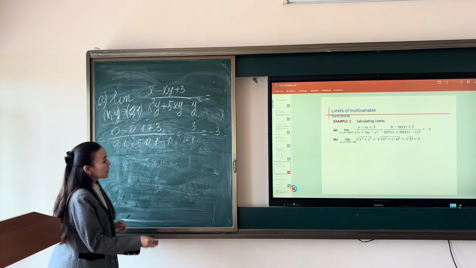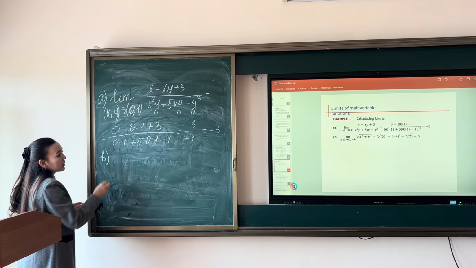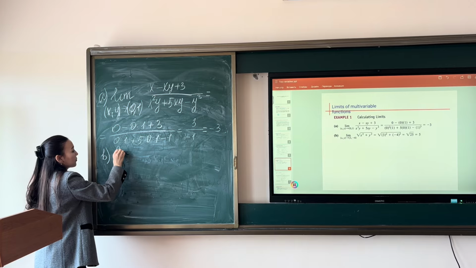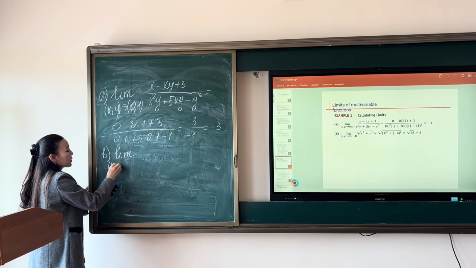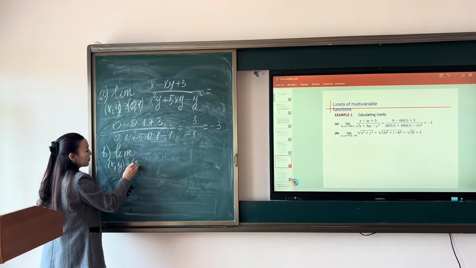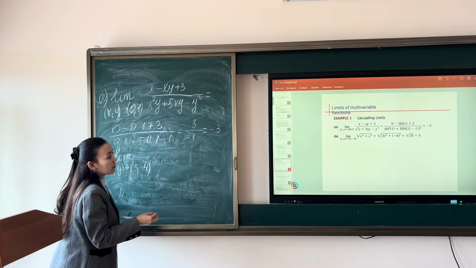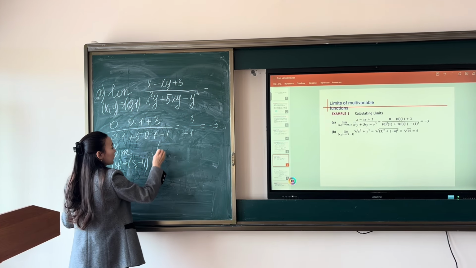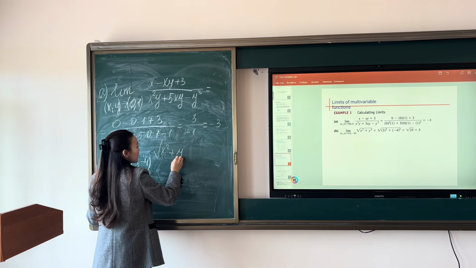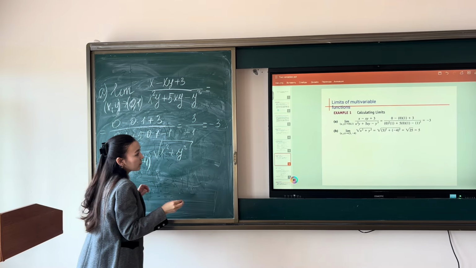Let's see the second example. The limit as (x, y) approaches (3, minus 4) of the function square root of x squared plus y squared.